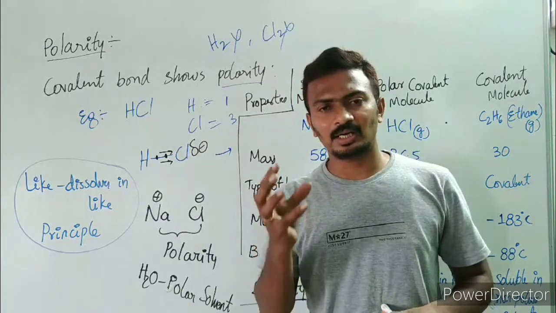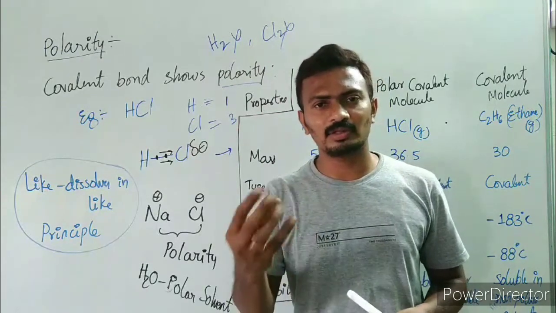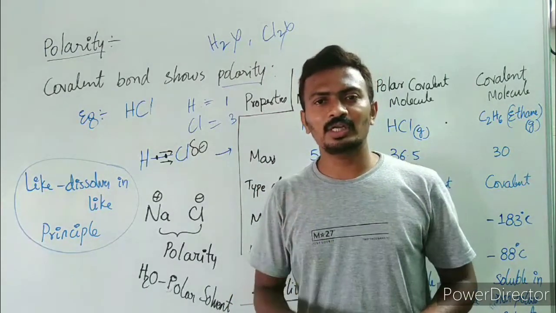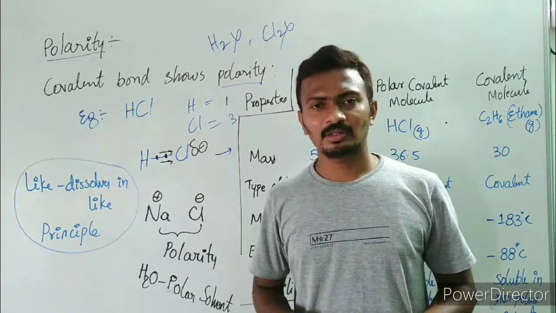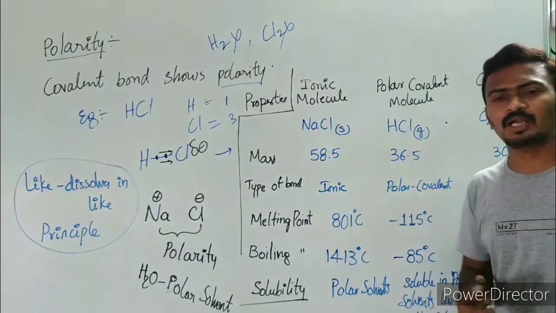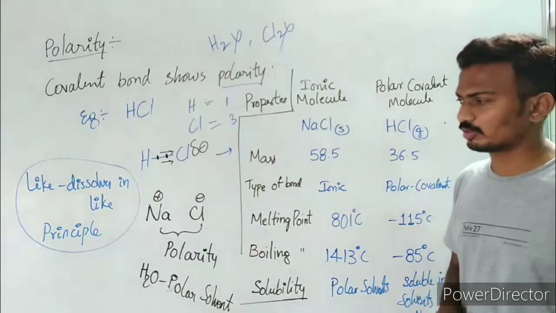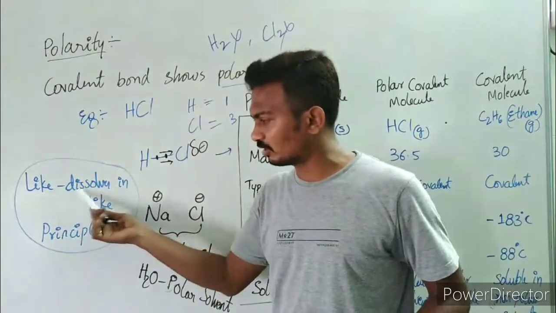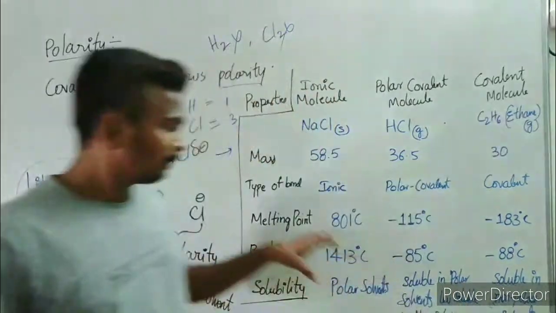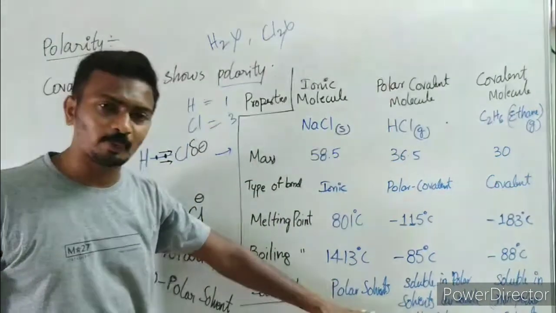Polar or ionic-natured molecules will be soluble only in ionic solvents, right? And covalent molecules will be soluble only in covalent solvents, because of the principle that like dissolves in like. So here these compounds are ionic in nature and they are polar in nature.